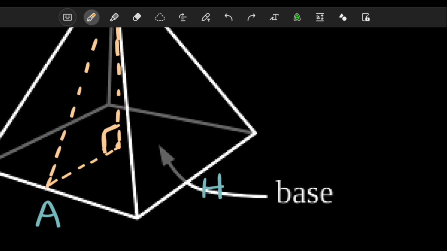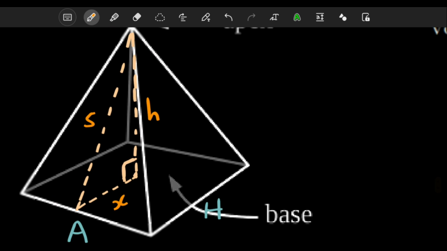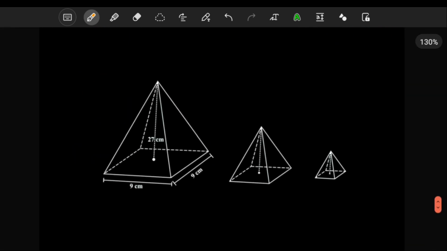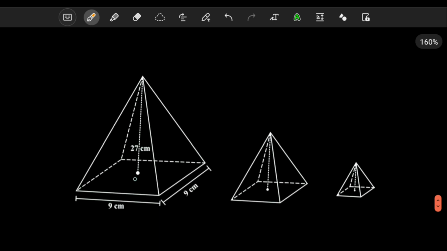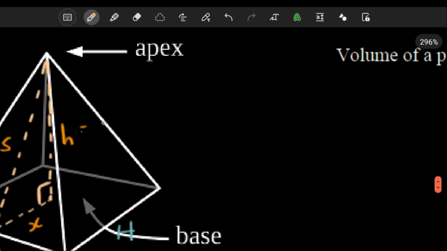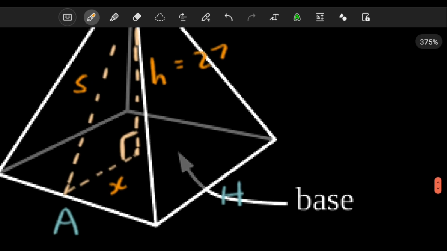We could label it X, and you need that distance there, which is H, and then clearly this one we can just label it S. Now clearly, if you're using this sketch here, let's use these dimensions. Obviously H here, they gave it to us as 27, and then this is 9 and that is 9, so X here, let's just label it 9 as well.